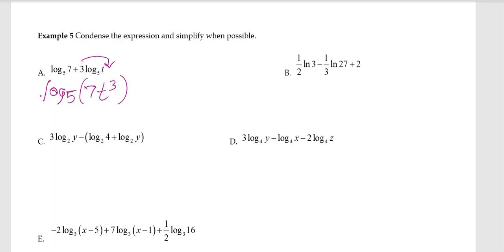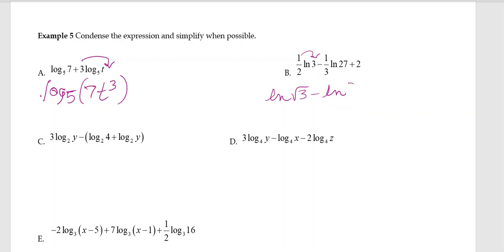Okay, I'm going to do this in a couple of steps here. So this will be the natural log of the square root of 3. When I put the 1/2 up there, I'm going to change it to the square root of 3. And this is minus the natural log of 27 to the 1/3.